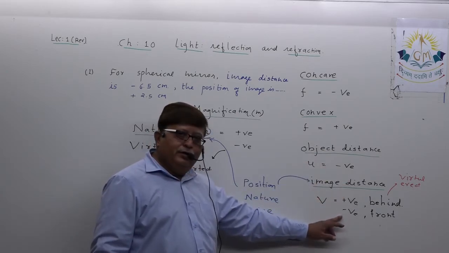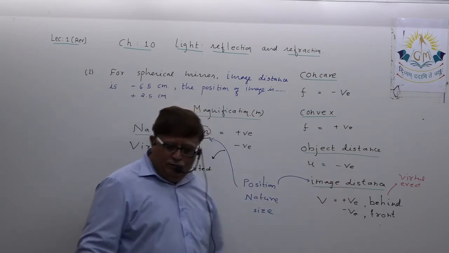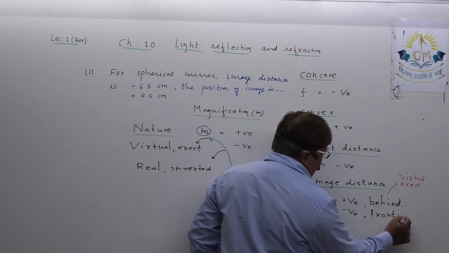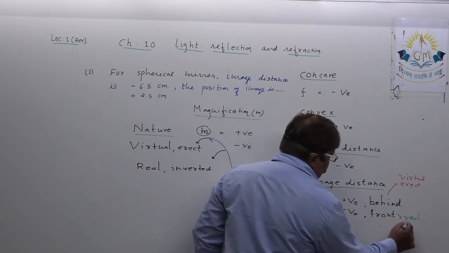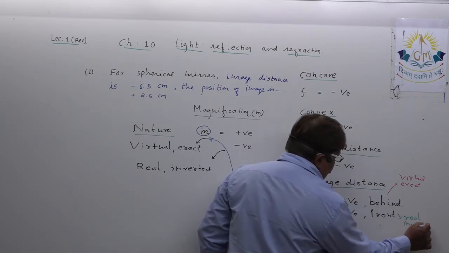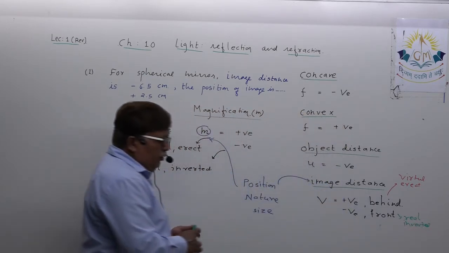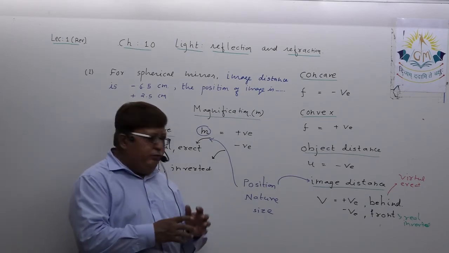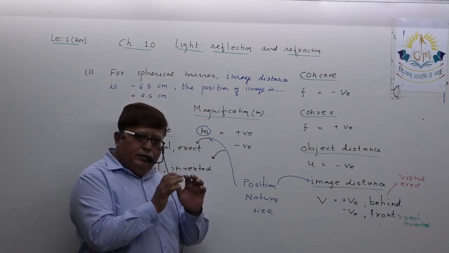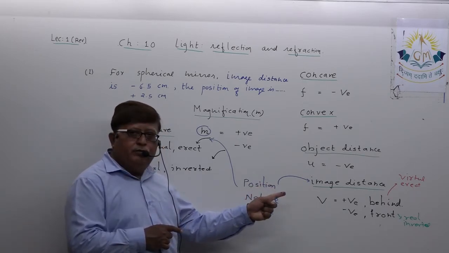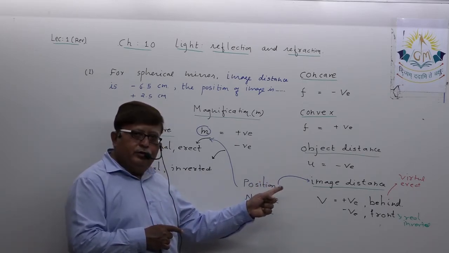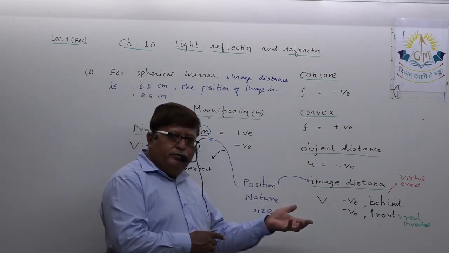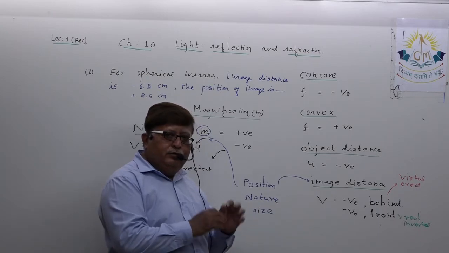And if V negative, what can you guess? Can you tell me? If V negative, then the image is real and inverted. No doubt this is one way of guessing the nature of the image just by concentrating on the value of V. V positive, image behind the mirror, virtual and erect.